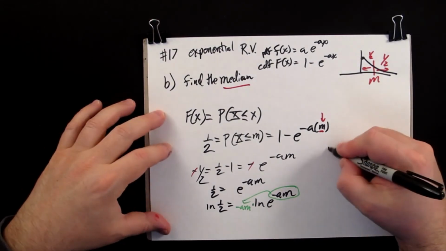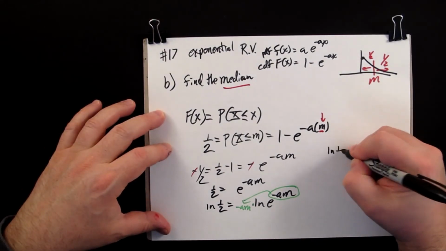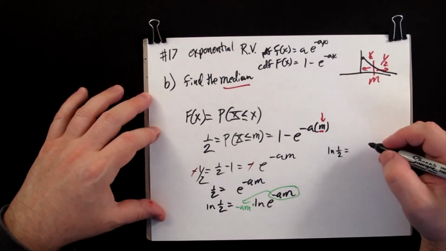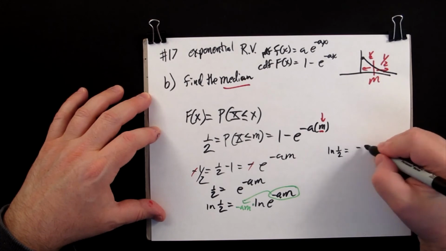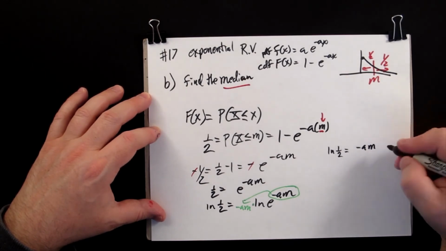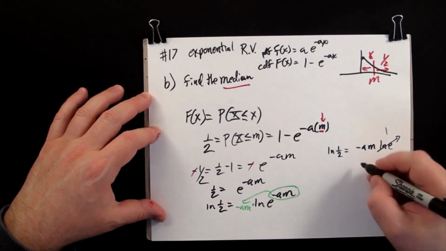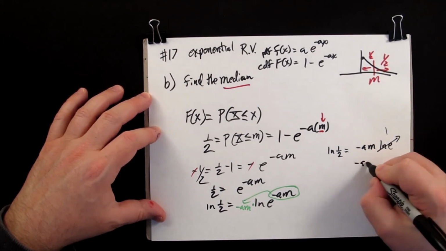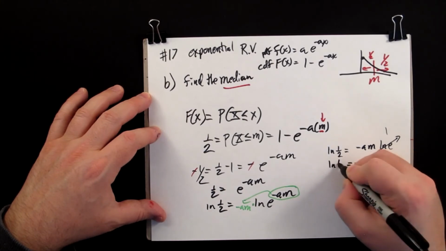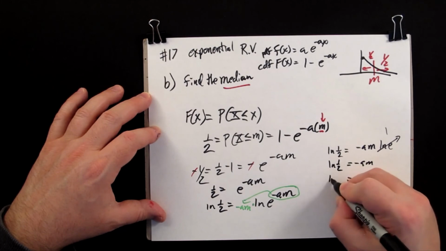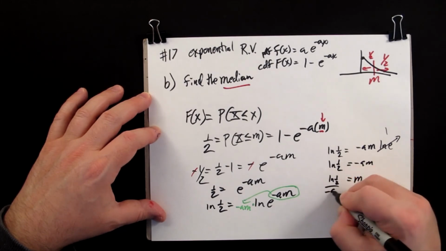So we have ln of 1/2 equals minus a m times the natural log of e. The natural log of e is 1, so that simplifies this. So we have minus am equals ln of 1/2. So m is going to equal ln of 1/2 divided by negative a.